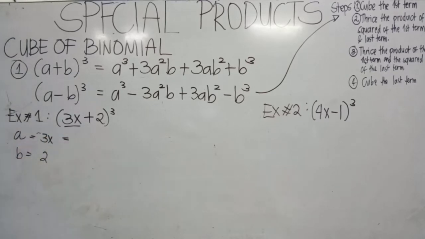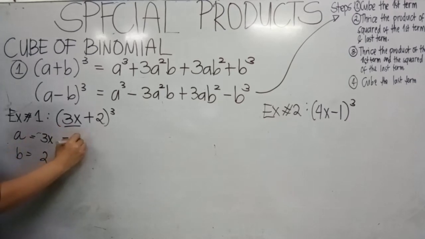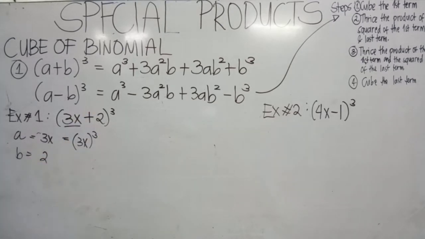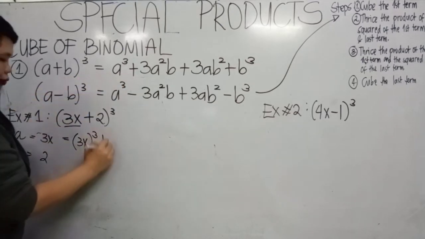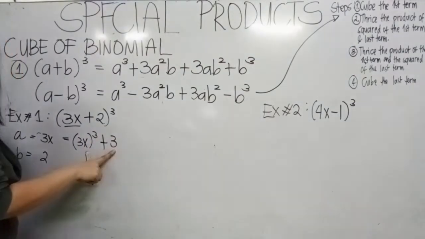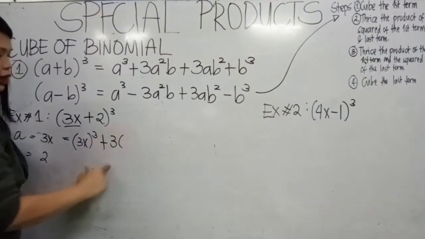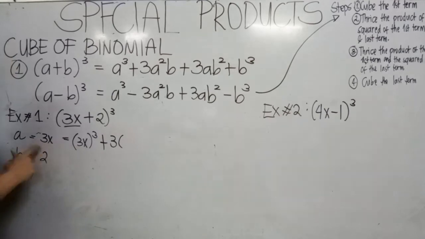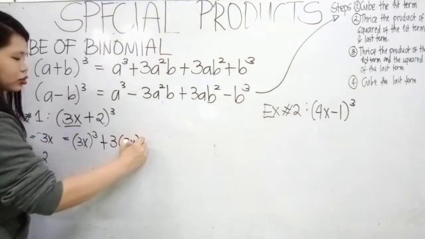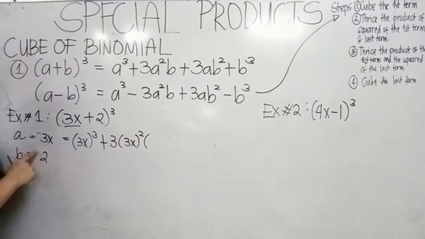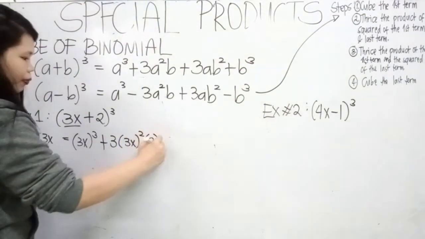So, let's have it na. We have the first step, which is cube the first term. Our first term is 3x. We're going to raise it in a cube. Next, plus thrice, ibig sabihin 3, multiply the squared of the first term, which is 3x raised to squared, multiply by 2.